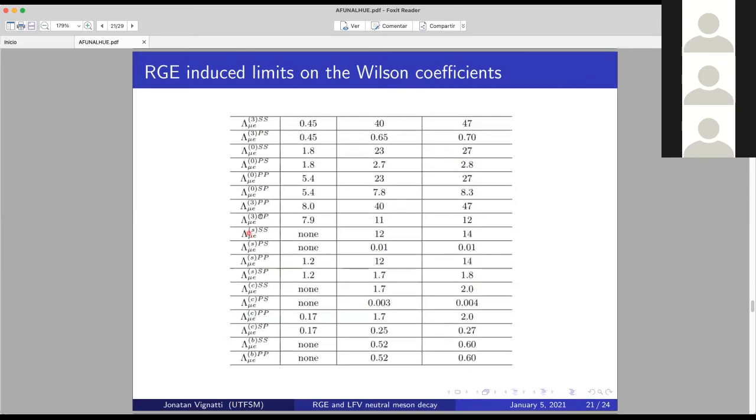So at the beginning we have no limits, and with the mixing from these corrections, one can have new values for this lambda, which translate into limits on the Wilson coefficient.